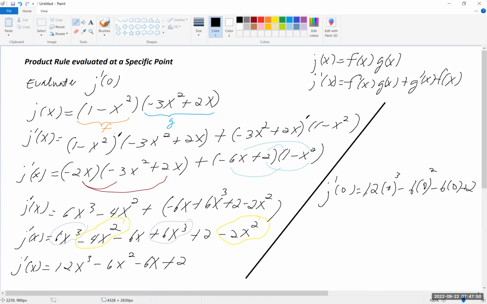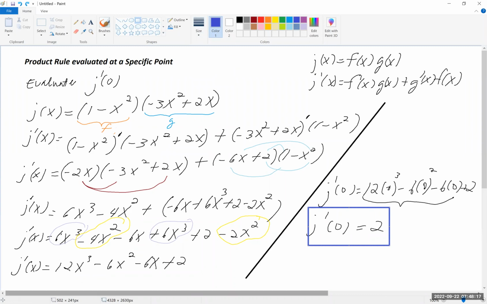So all these terms here cancel out. And so j prime of 0 is 2. And that's, whoops, that's what we were asked to deliver. That's what we were asked to find. So our answer is j prime of 0 is 2.